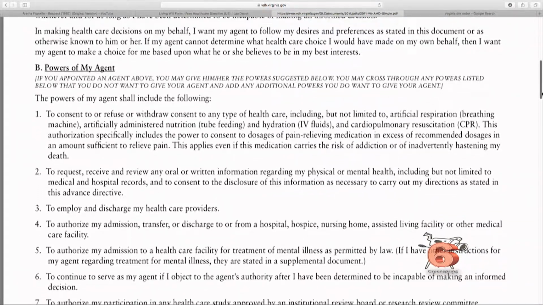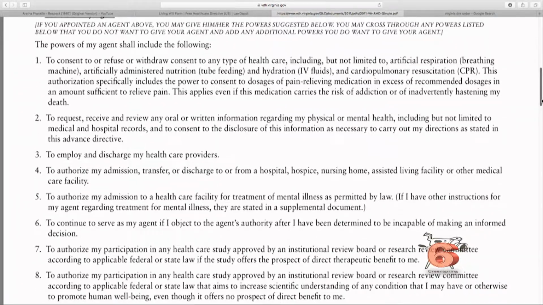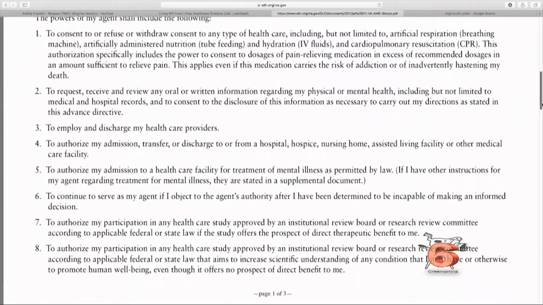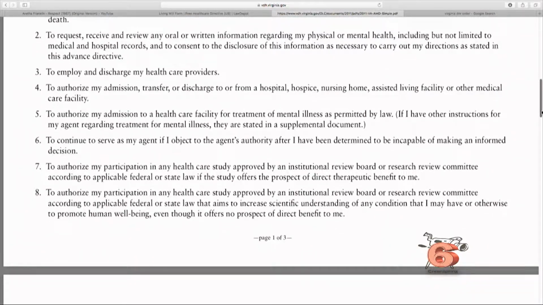So most documents, in particular the one I'm referencing in the state of Virginia, allow you to name a successor agent. When you start thinking about who you would like to be that person for you, you want to make sure it's someone you trust, someone who is easily accessible, someone you feel comfortable having those sorts of conversations with, and who you think will be able to put aside their own preferences and really... That's really important.